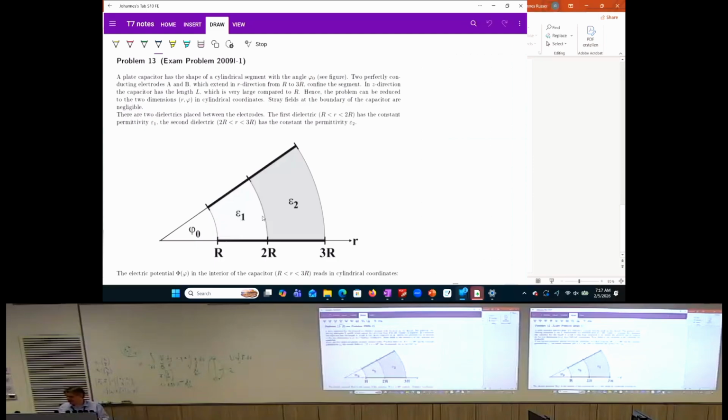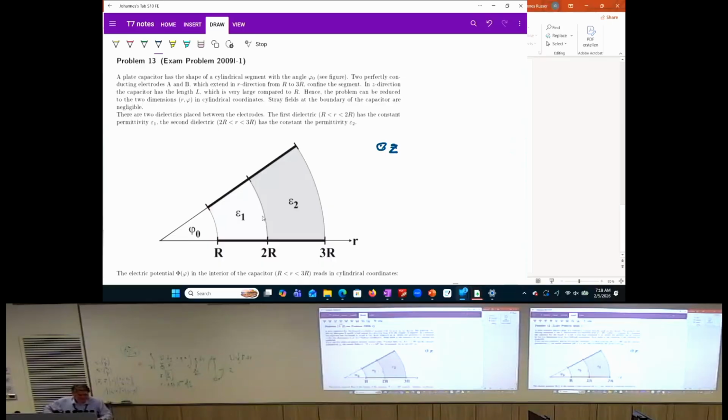And with respect to the z direction, this whole thing here is a cylindrical problem, because this is the z direction, where it is uniform, and it extends with a length L. This length L in z direction, how far the plates are extending, is very large compared to R. Why is this important?